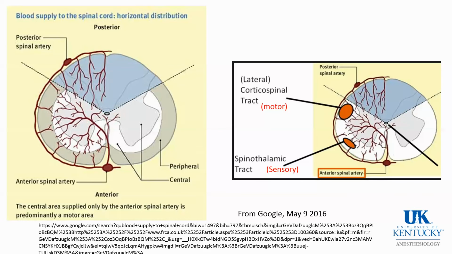This slide illustrates the amount of spinal cord which is supplied by the vessels. Note that the single anterior spinal artery supplies about 2/3 or 3/4 of the cord, mainly the front and lateral, while the posterior arteries, of which there are two, supply only a small posterior wedge of the spinal cord.